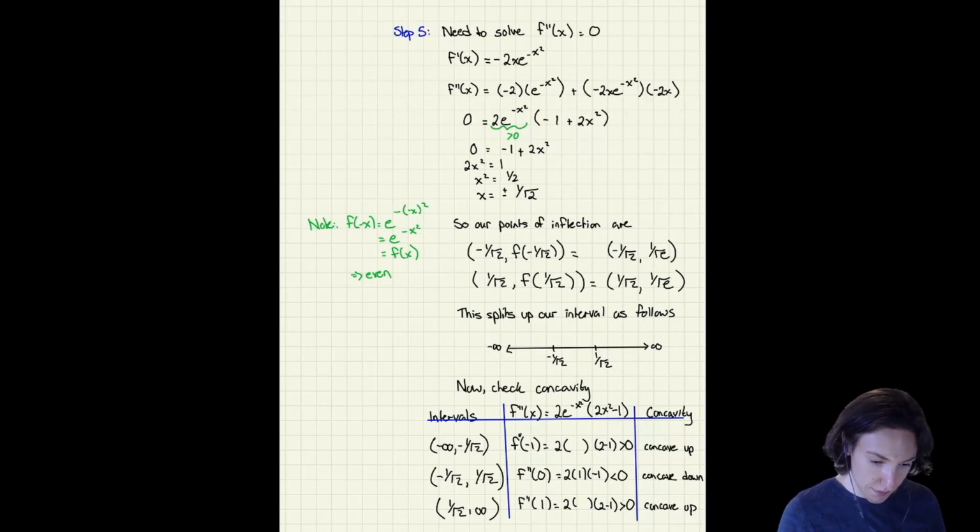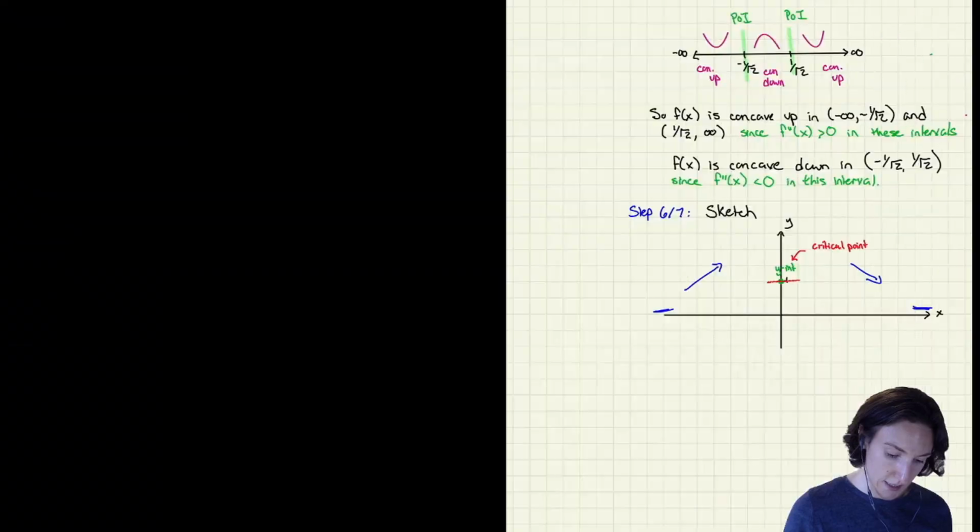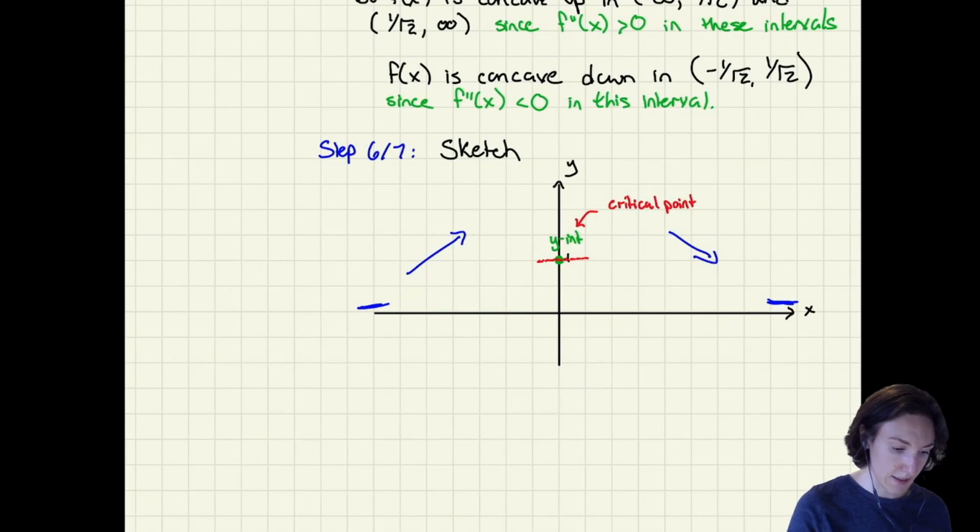Now, points of inflection, where the second derivative is 0. Where were those again? Those were negative and positive 1 over root 2. And y is 1 over root e. So it's a small number, less than 1. So this is not exactly to scale, that's okay.